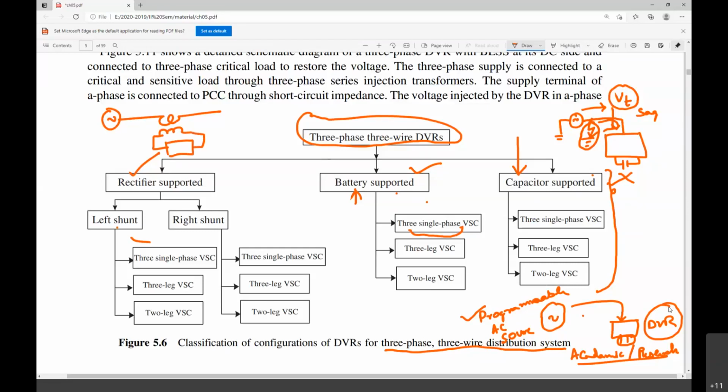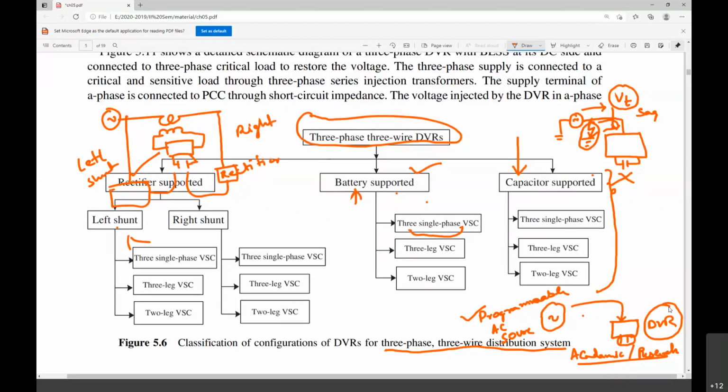If they connect a rectifier over here to charge this particular capacitor, it can be called a right shunt. If you connect the rectifier on the other side to charge this one, they call it a left shunt topology. And this is the right shunt. These are the left shunt.